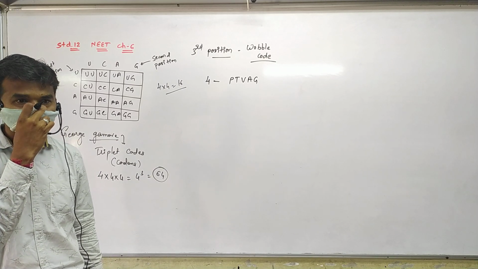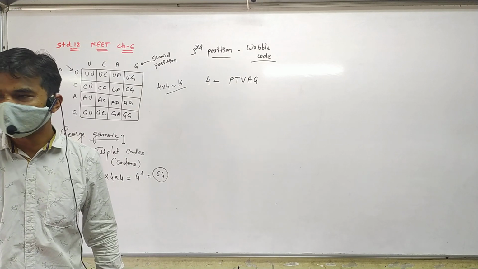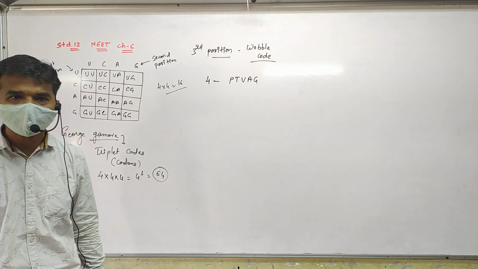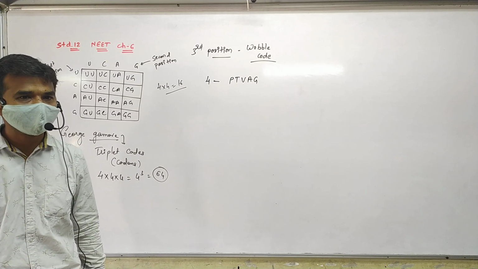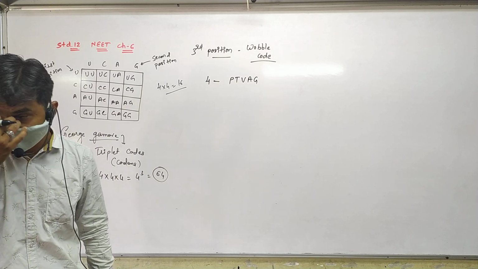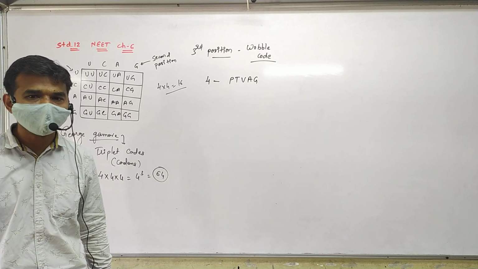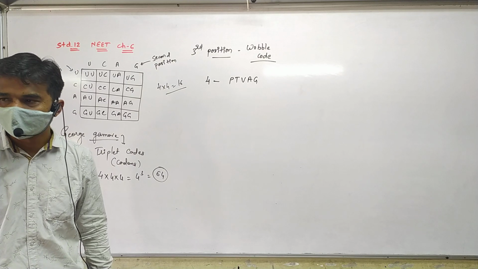One codon each for methionine and tryptophan. So 1, 3, 4 and 6 codons we have discussed. Remaining all the amino acids carry 2 codons.